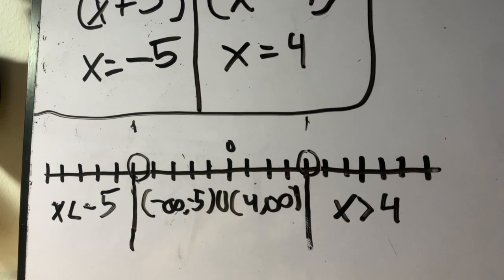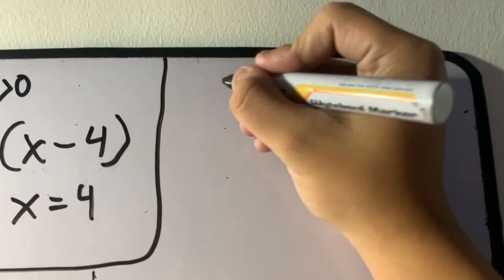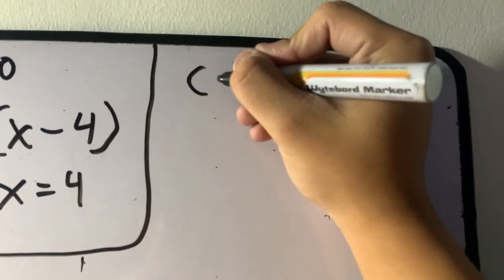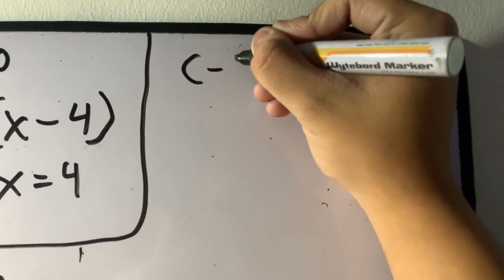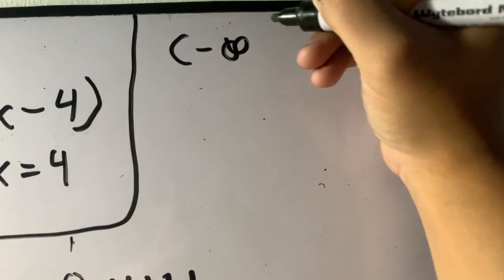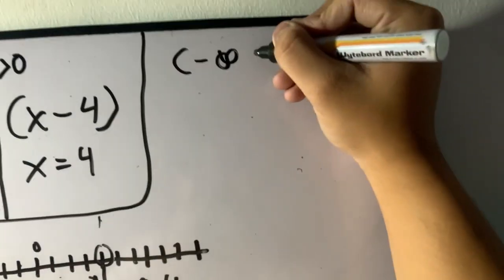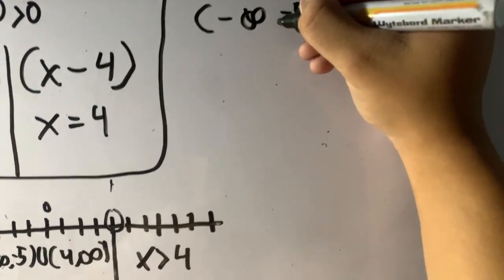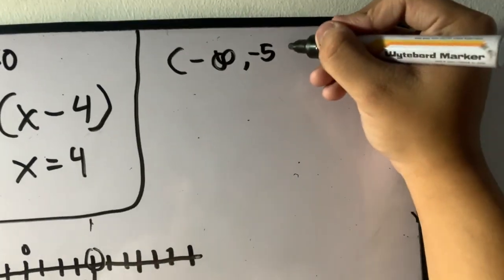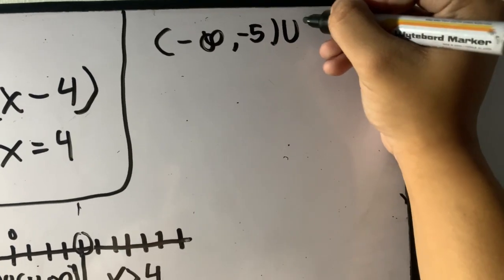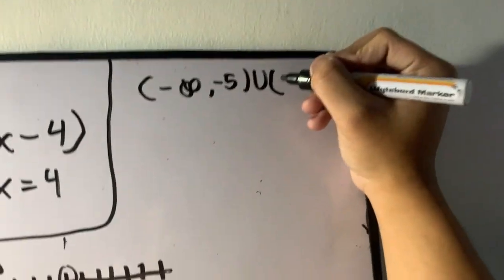So that is our interval notation, the final answer for an interval notation. So we will write that down here. Negative infinity, negative 5, and then union to 4 and infinity.